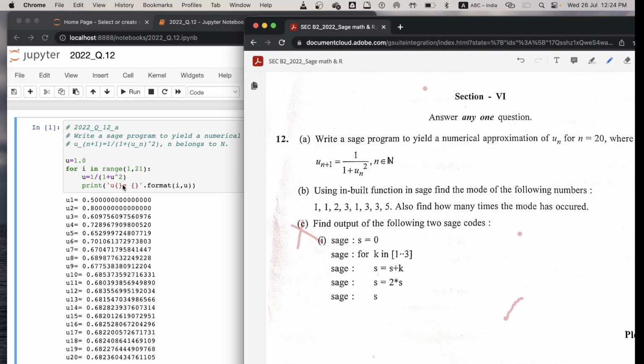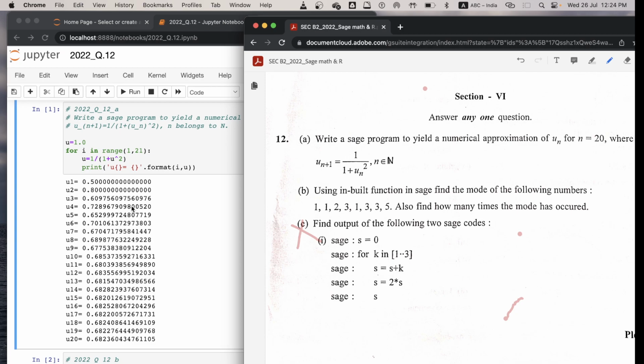Print u equal to, format: for the first bracket put i, and for the second bracket put the value of u. So you get the output for u1, the first term, the second term, and up to u20, the 20th term.